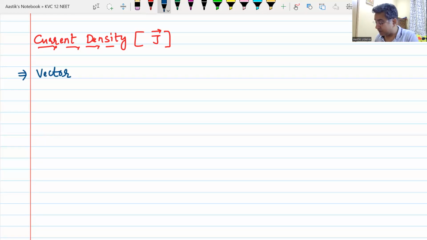Now, as soon as we hear the word vector, we must understand two things. What are the two things? Magnitude and direction.